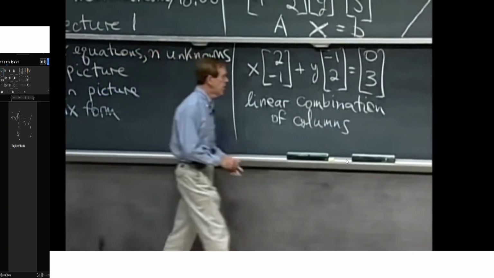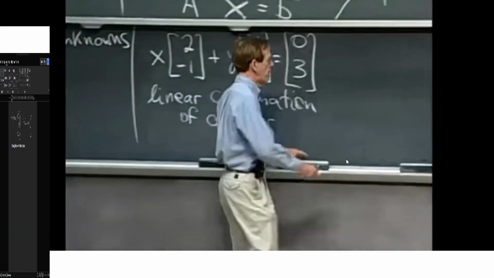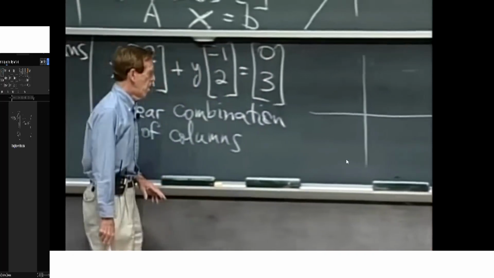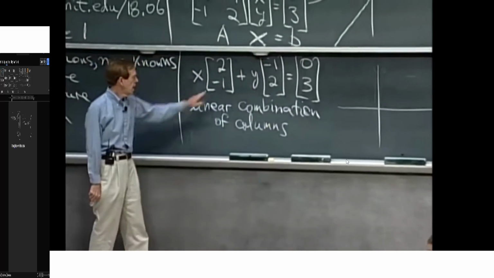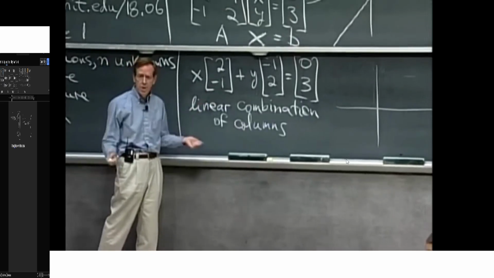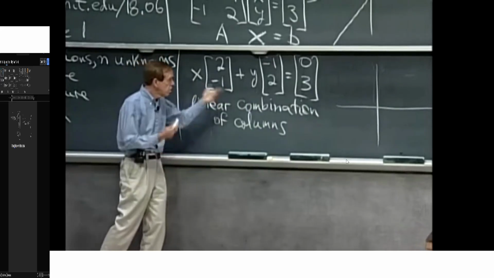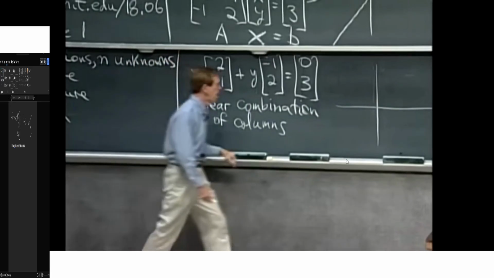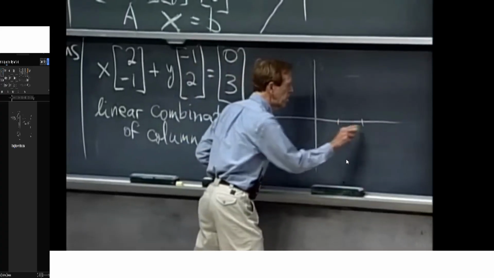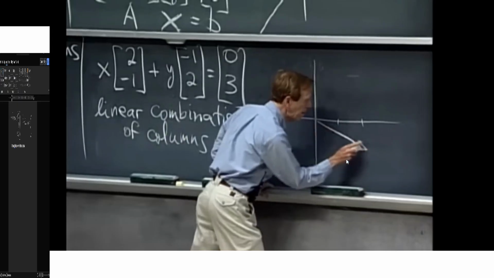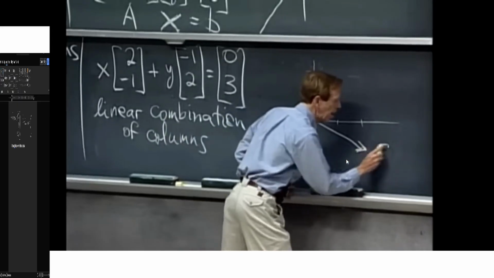Again, these vectors have 2 components, so I better draw a picture like that. Can I put down these columns? I'll draw these columns as they are, and then I'll do a combination of them. The first column is over 2 and down 1, so there's the first column.